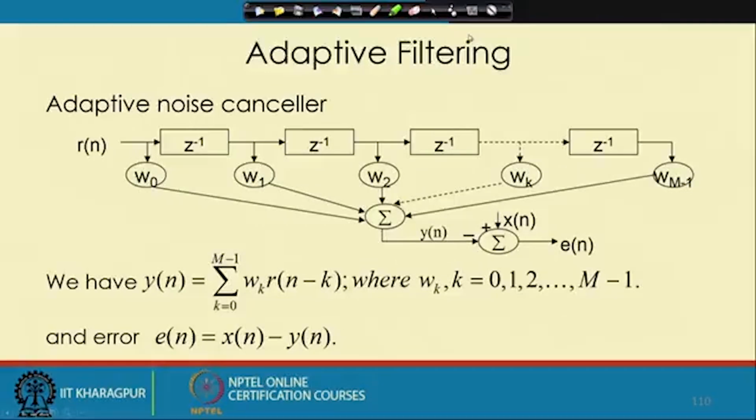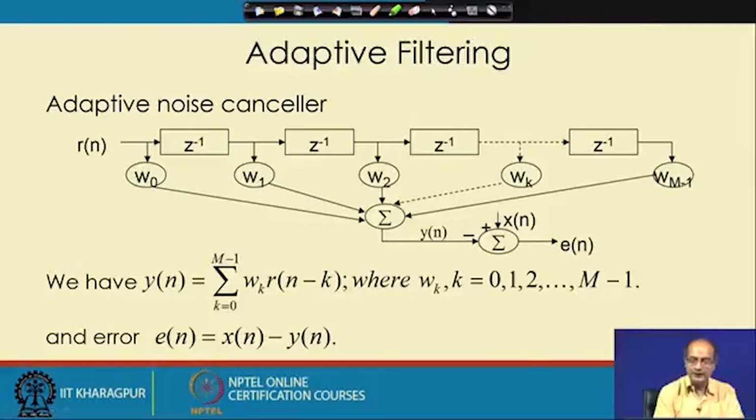Now, here we again come back to the adaptive noise canceller structure, and the emphasis now goes to the filter we have taken.